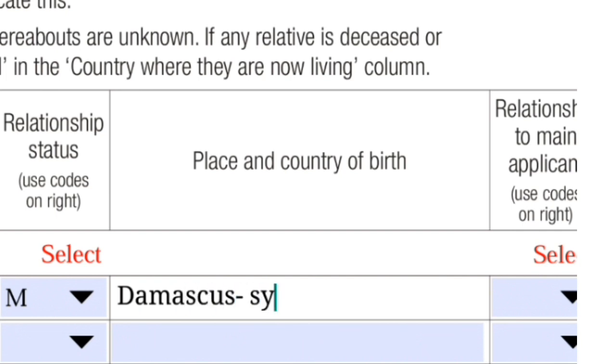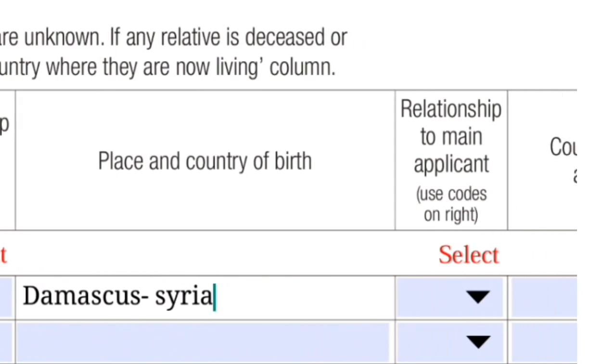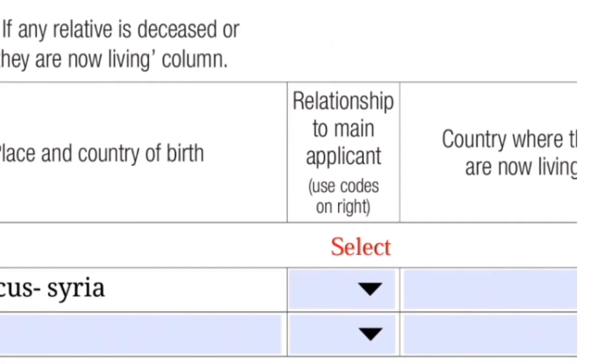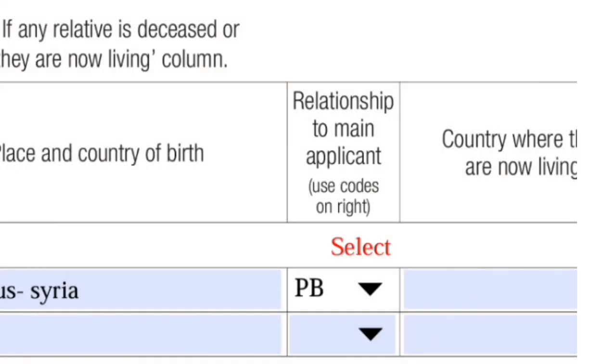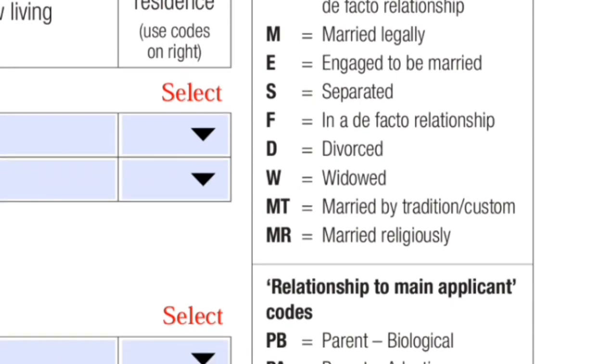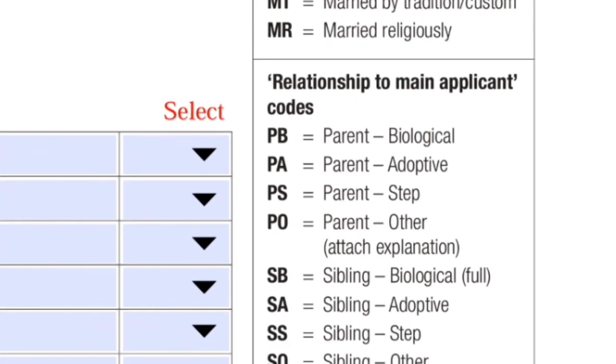Enter the person's place of birth in the next column. Use the codes on the right to specify relationship to main applicant.